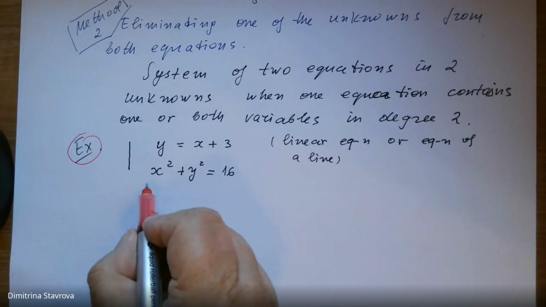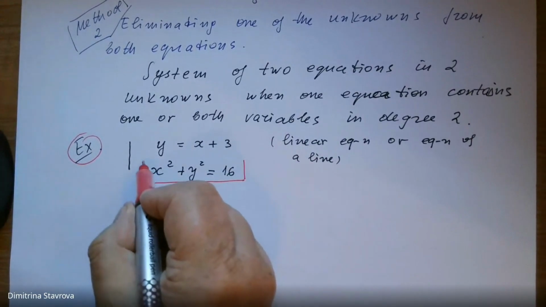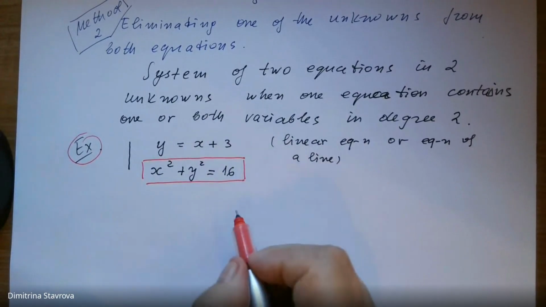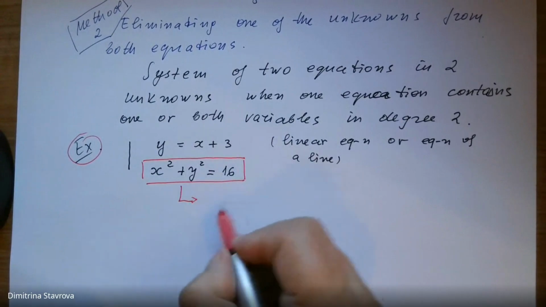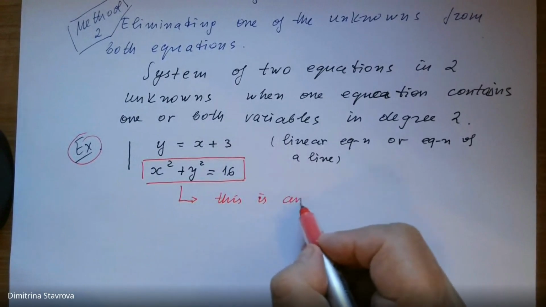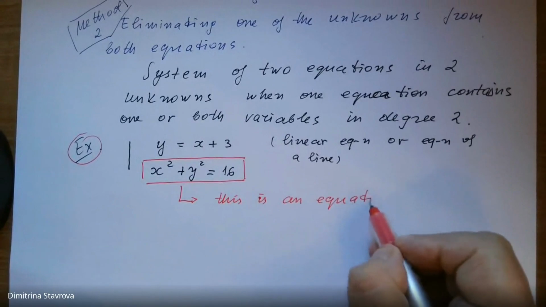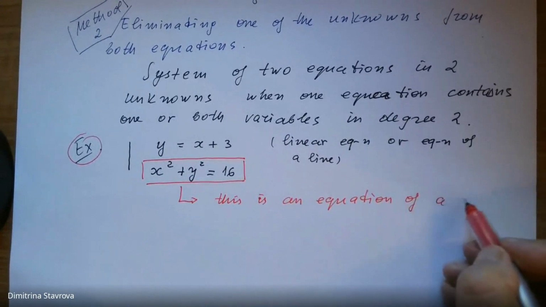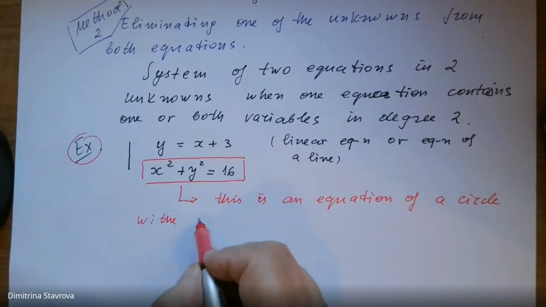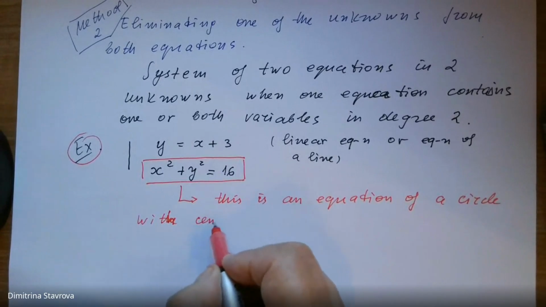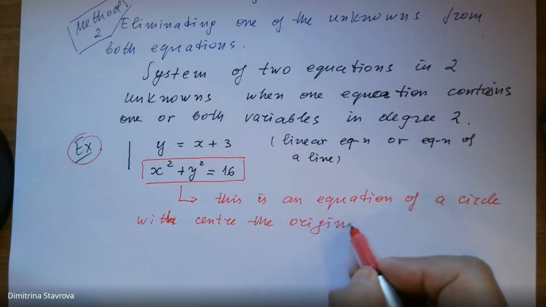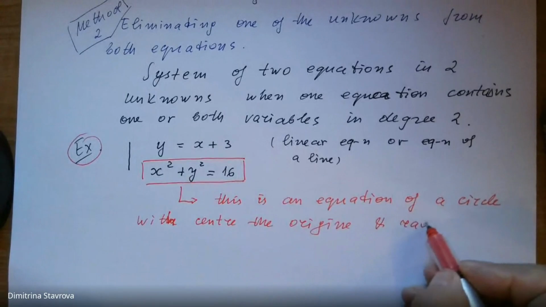From geometry, let us look at what is the geometrical interpretation of the second equation. And from geometry, we know that this is an equation of a circle with center the origin, and radius 4.